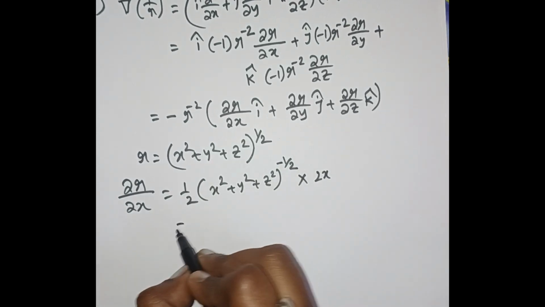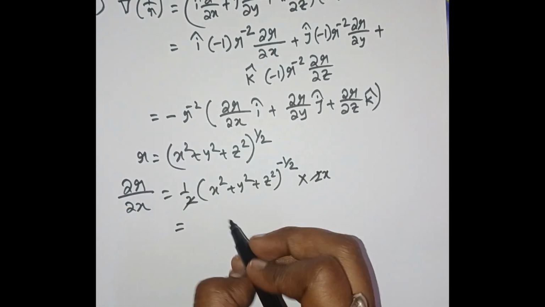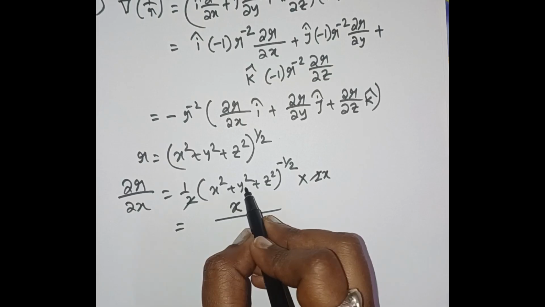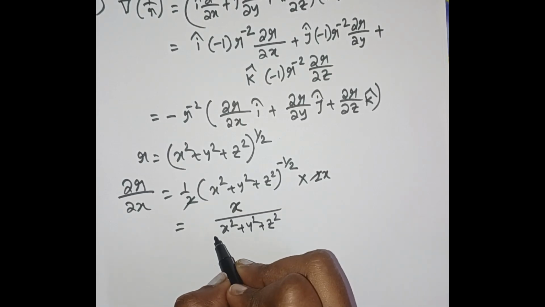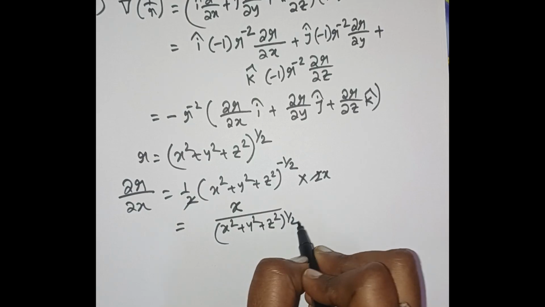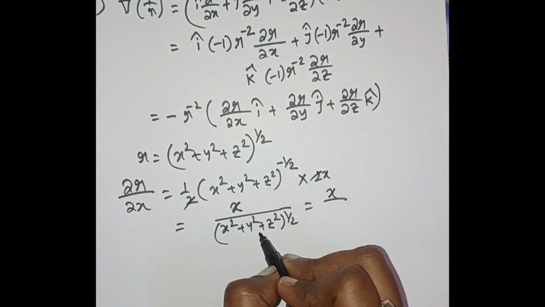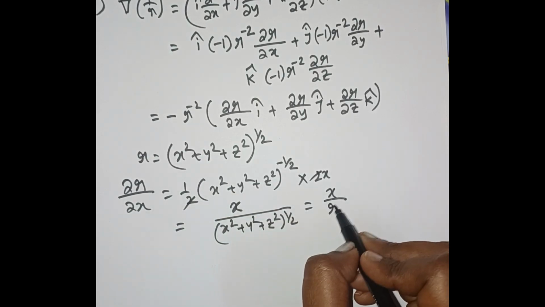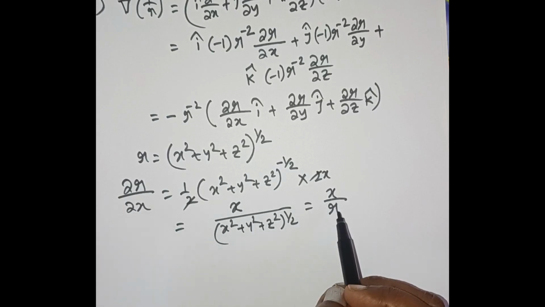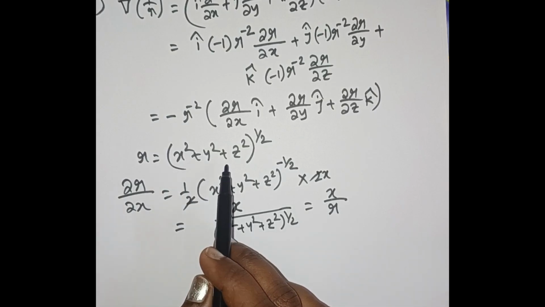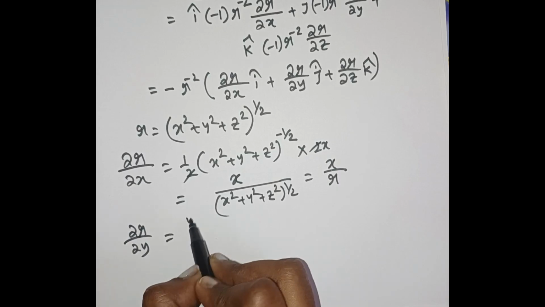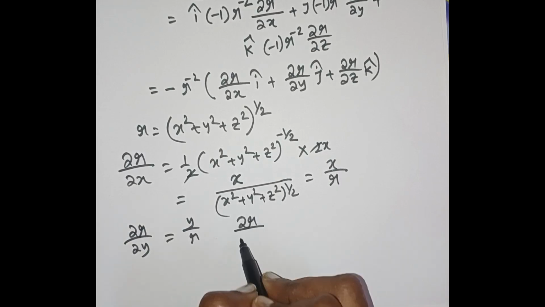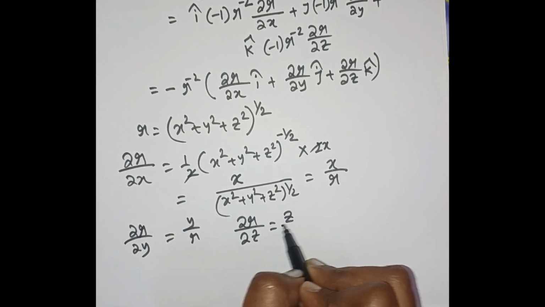That is, 2 and 2 cancel out. So x by (x square plus y square plus z square) power half, that is x by r. So del r del x is x by r, and since r is a symmetric function, del r del y will be y by r, and del r del z will be z by r.